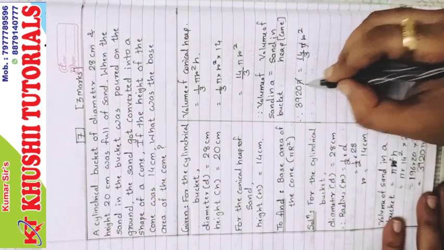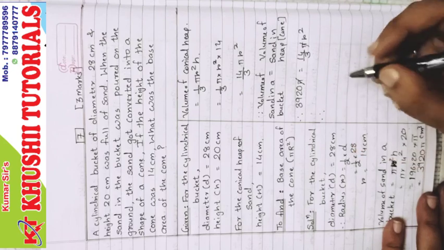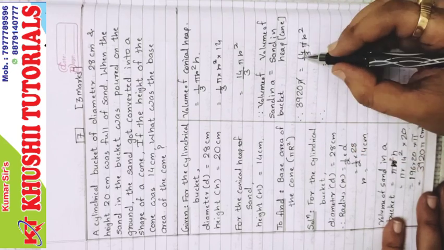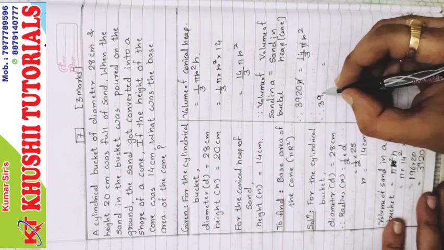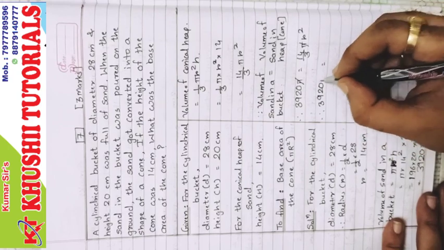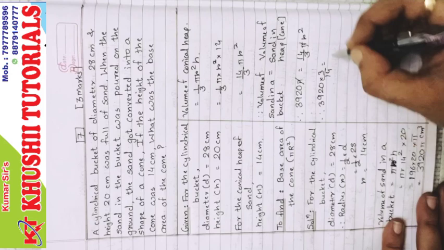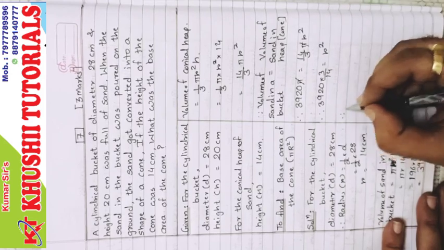So first of all pi will get cancelled. 14 by 3 will come on this side. So 3920 into 3 by 14 equal to r square.